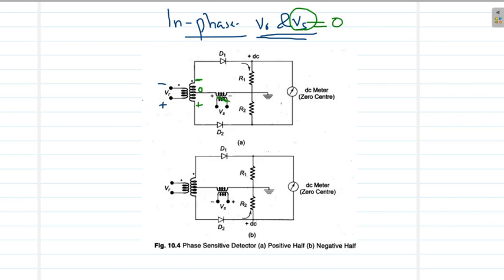This voltage is 0 as we have already stated. So in this situation, diode 2 is actually forward biased because positive is connected to positive and the negative is connected to the negative. So this is forward biased, and similarly you can see diode 1 will be reverse biased, negative connected to positive. So diode 2 will conduct during this half and the current conduction will be in this direction through the diode. So this is the direction of current conduction through R2.